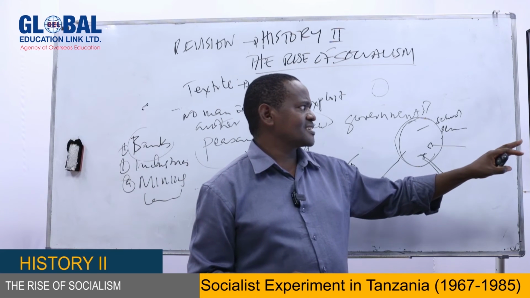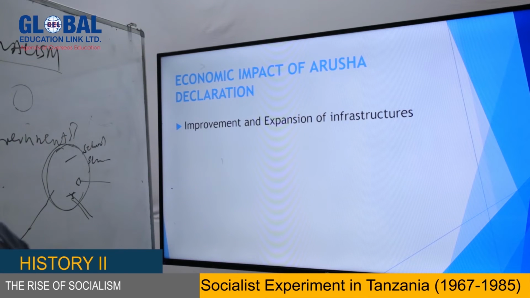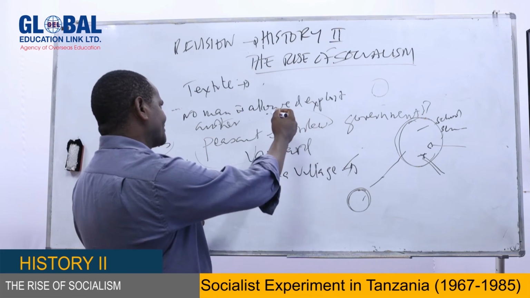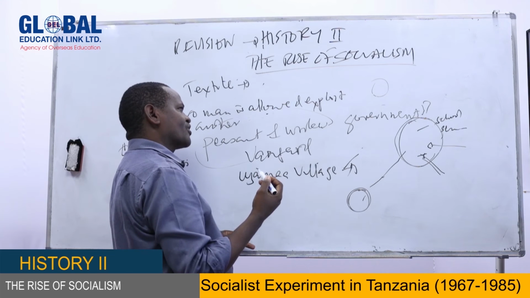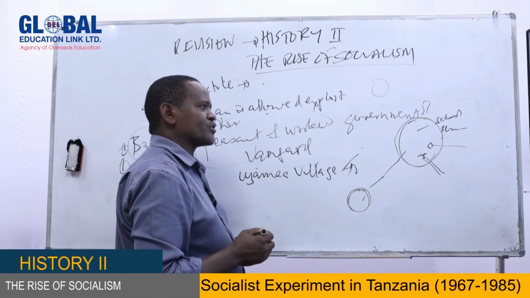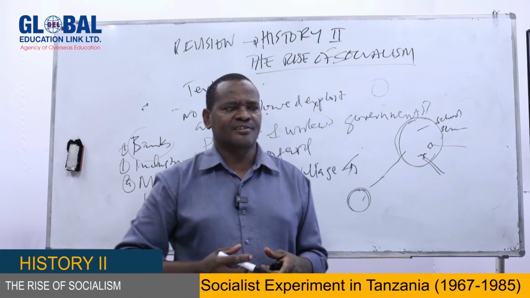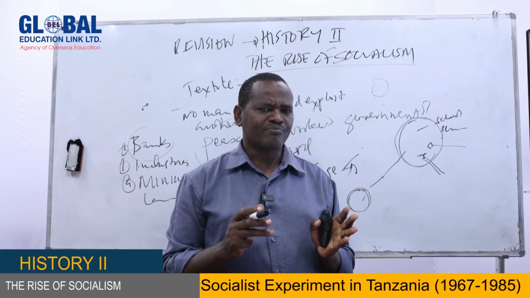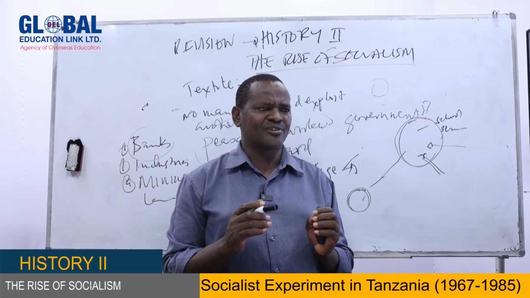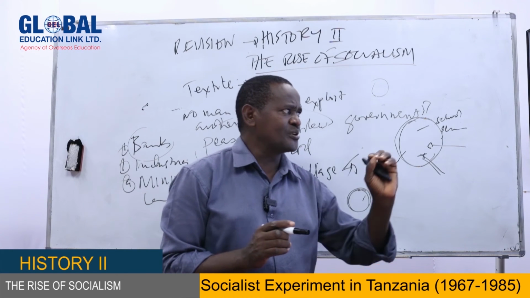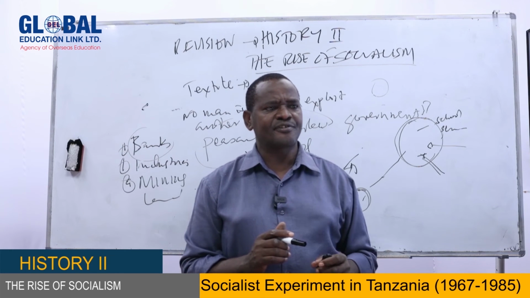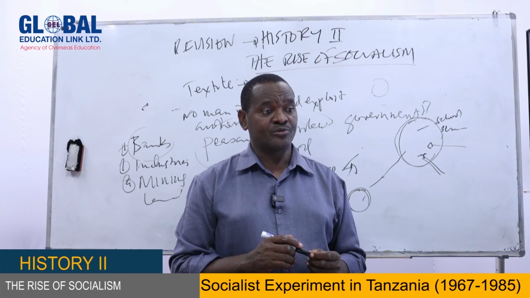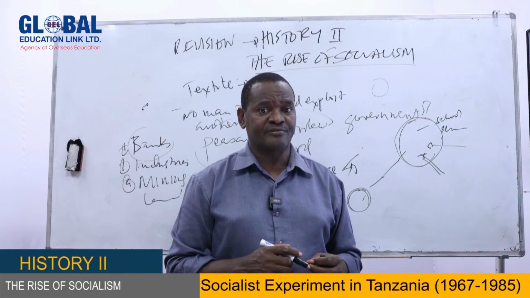Another economic impact is the improvement and expansion of infrastructure. Remember, Tanzania is a very large country, so you have to develop infrastructure. However, this one, to some extent, has some pros and cons, because yes, some infrastructure was developed, but at that period you could also see the collapse of some other infrastructure.